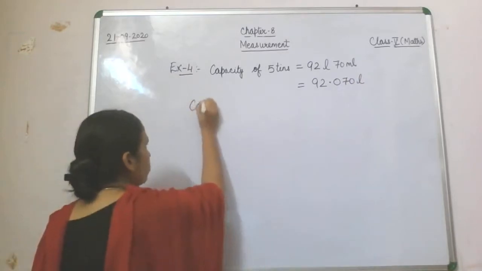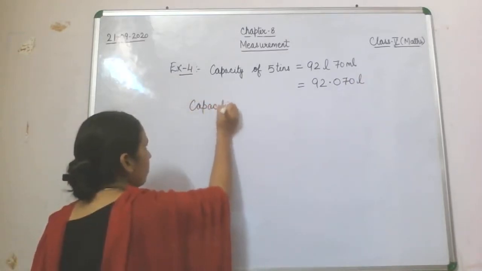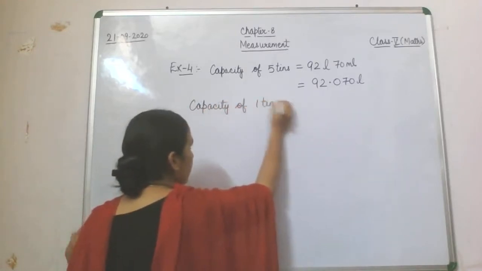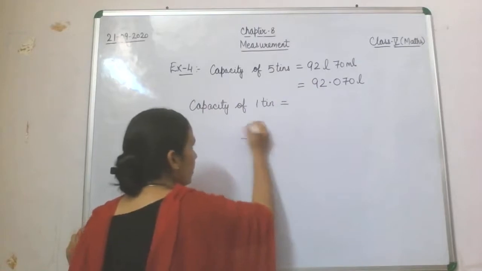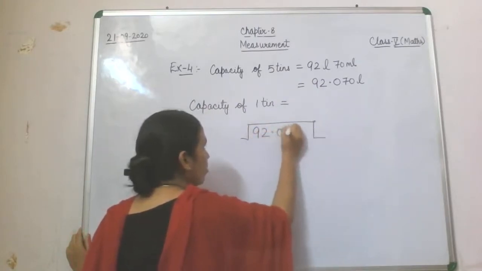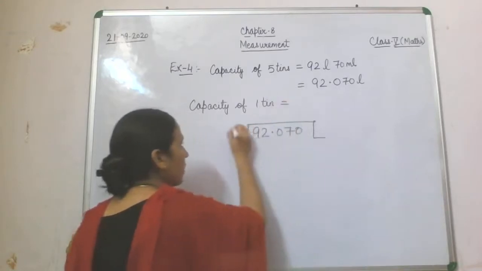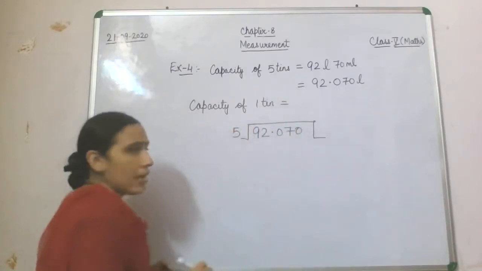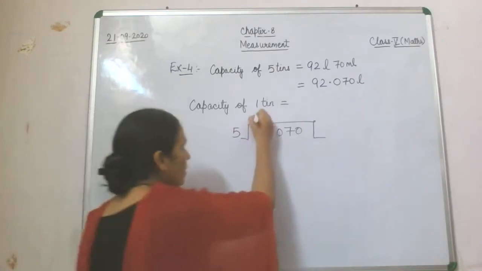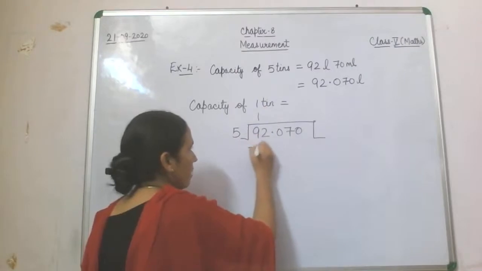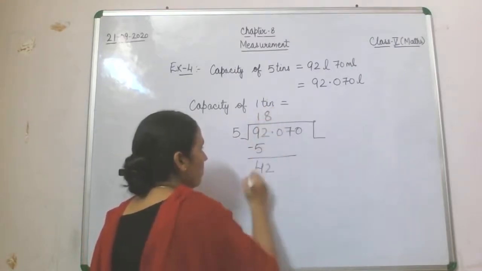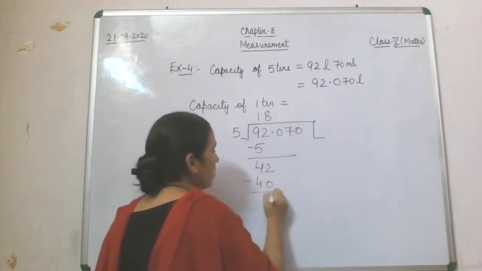Now what is the next step? You are supposed to find out the capacity of 1 tin. So now what you will do? This 92.070 will be divided by 5. So we'll do the division here. 5 ones are 5, 4, 2, 5 eights are 40, 2.